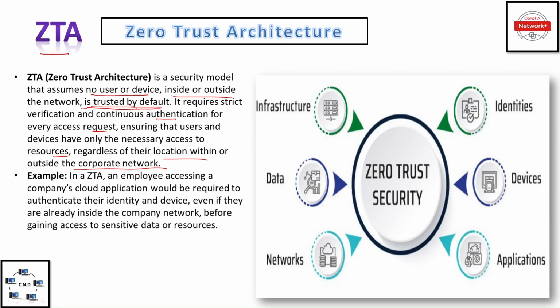For example, in a ZTA, an employee accessing a company's cloud application would be required to authenticate their identity and device, even if they are already inside the company network, before gaining access to sensitive data or resources.